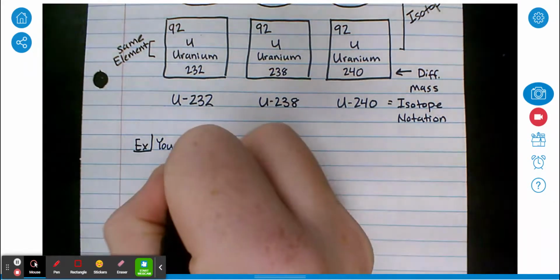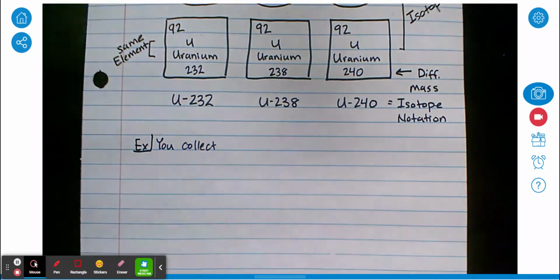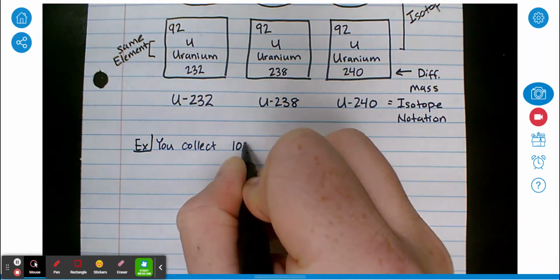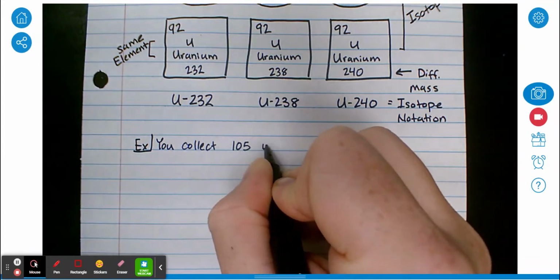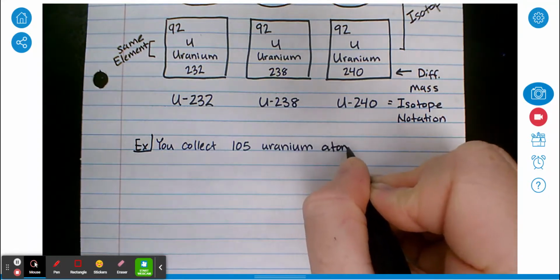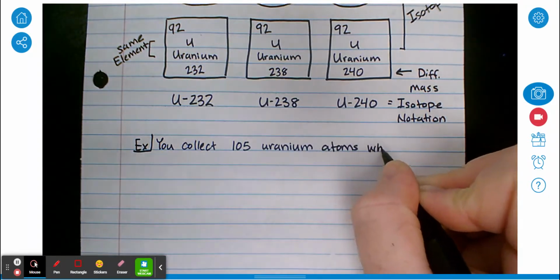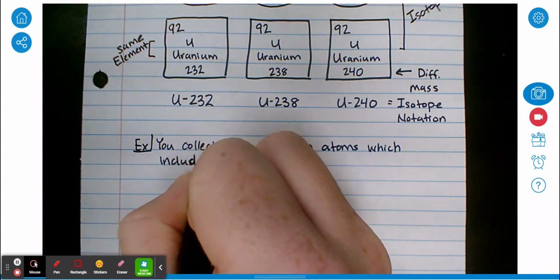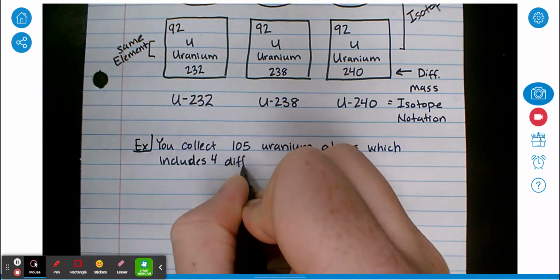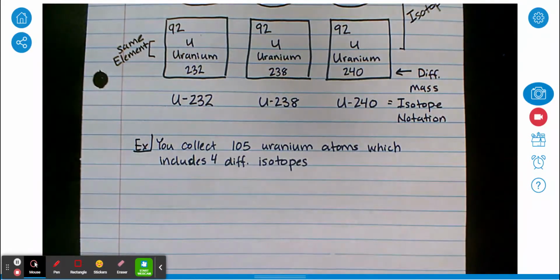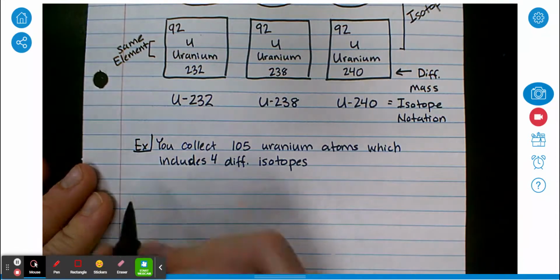You take it back to the lab, you analyze it, and you realize that you have collected 105 uranium atoms, which includes 4 different isotopes. And you are going to organize your data into a table.